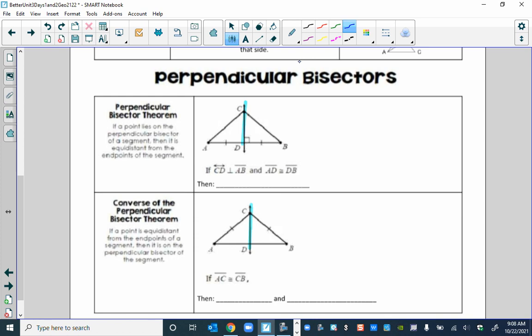Not only are these sides going to be congruent, these sides are also going to be congruent. So basically they're going to be saying AC is congruent to CB. And basically vice versa. So that's all they're telling us.